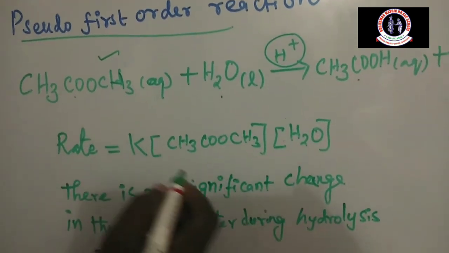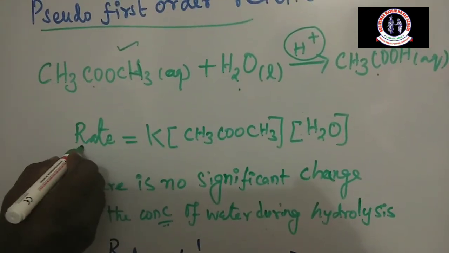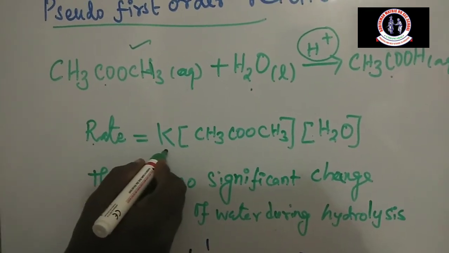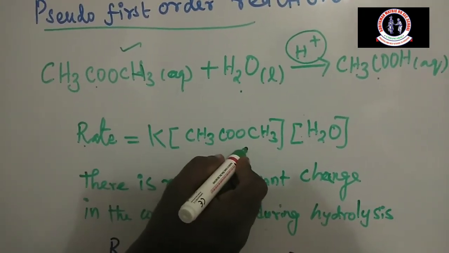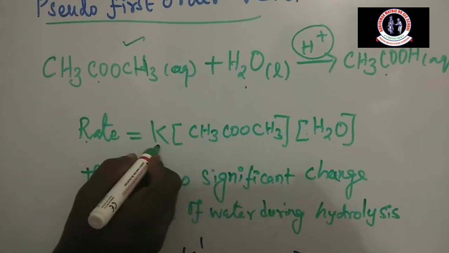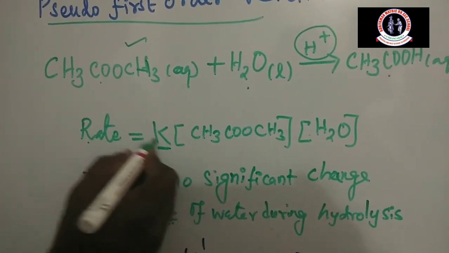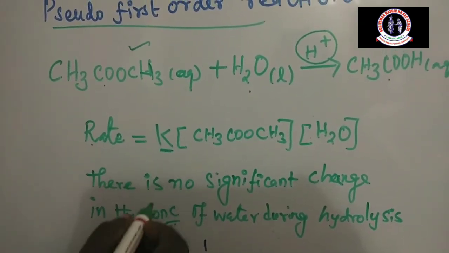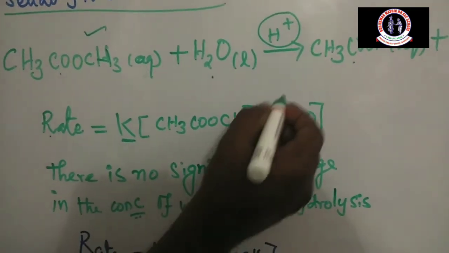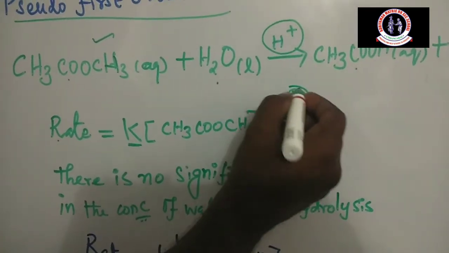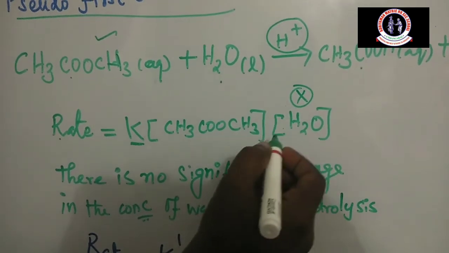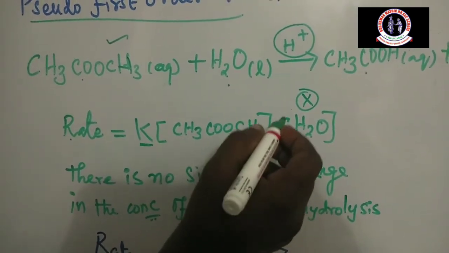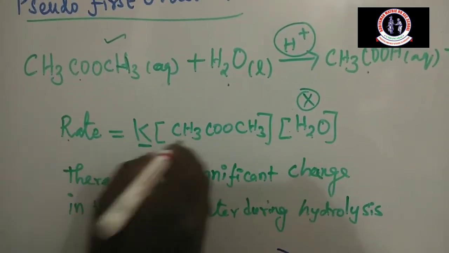during hydrolysis. Here the rate of reaction, we know, is the product of the initial concentration of reactant and the rate constant. The excess of water during the hydrolysis reaction does not affect the rate of reaction.